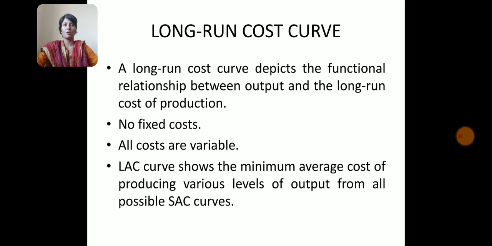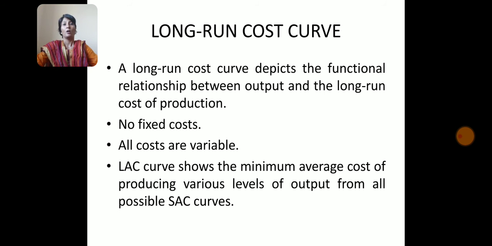Hence, we will be concentrating on long run average cost. Long run average cost is the long run total cost divided by the level of output. A long run cost curve depicts the functional relationship between output and the long run cost of production.